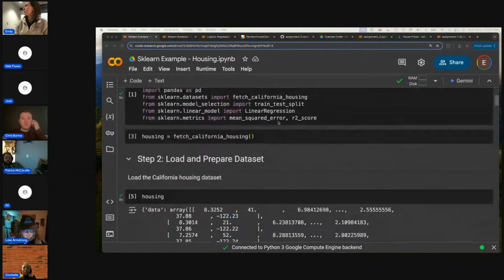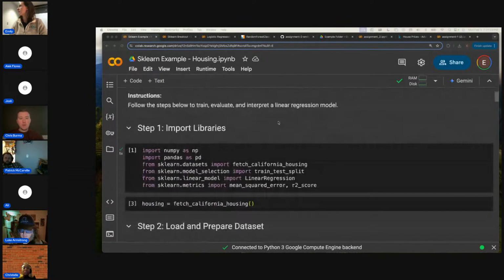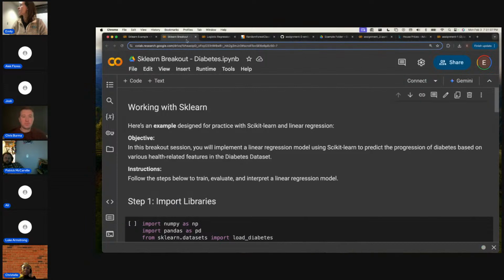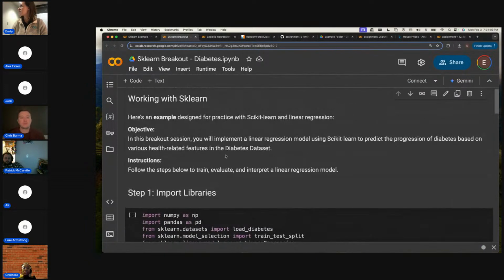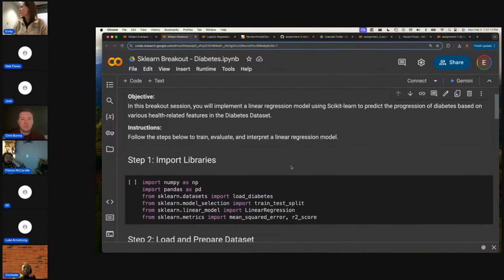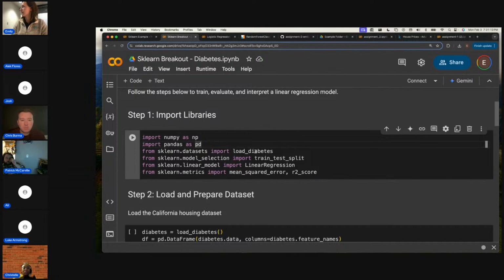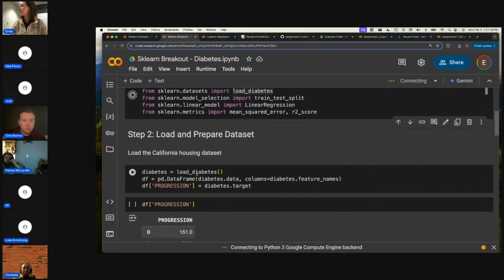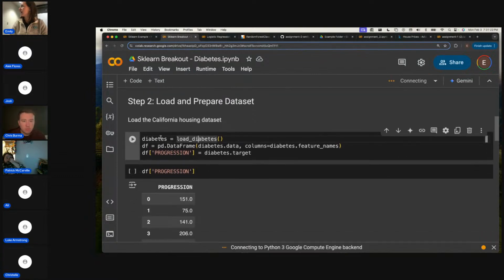I want to check in how we're doing here. Working with sklearn. Okay, our breakout exercise here. We're going to use sklearn on the diabetes data set. From sklearn.datasets, we're going to import load_diabetes. Here we have diabetes as load_diabetes.